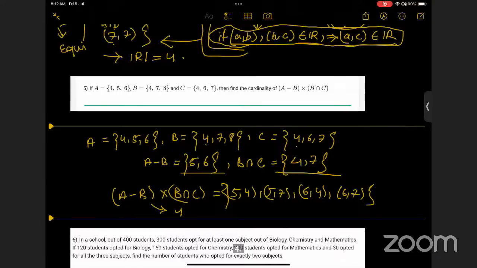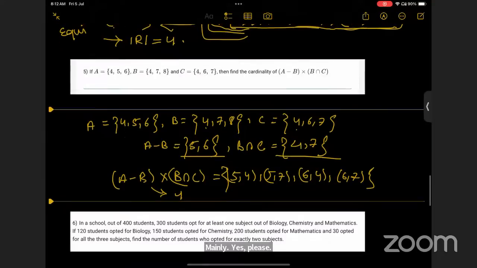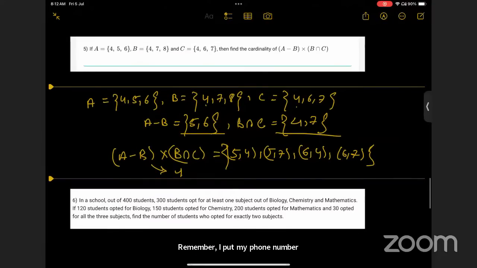Ma'am, I wanted to ask one doubt. Why will it be (5,4)? It should be (5,6), because we have these two. So cross product means we will take all possible pairs.